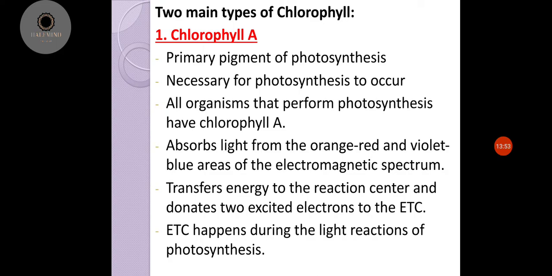It also transfers energy to the reaction center and donates 2 excited electrons to the ETC. In the cellular respiration, meron ding electron transport chain. Sa photosynthesis din, meron ding electron transport chain. So, electron transport chain happens during the light reactions of photosynthesis.